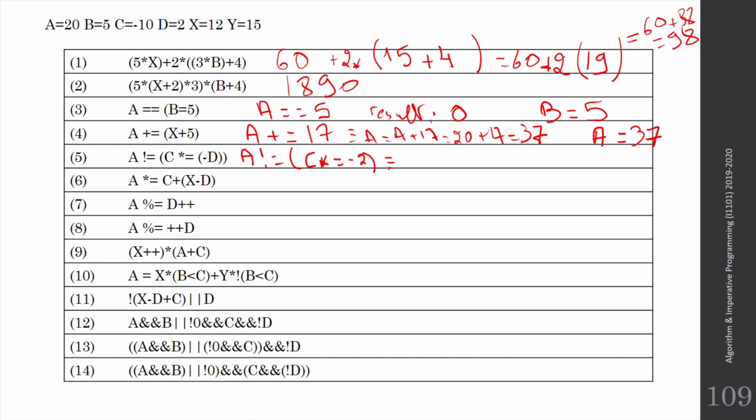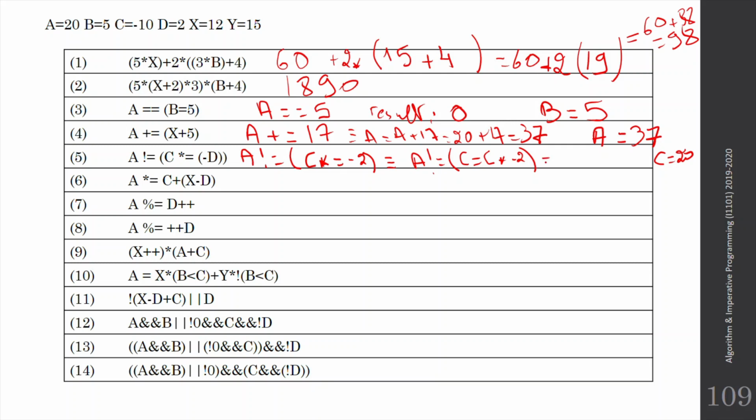So a different than c equal minus 2. It's equivalent to c equal c multiple minus 2. So c multiple 2 minus 10 multiple minus 2. So c will be equal to 20.